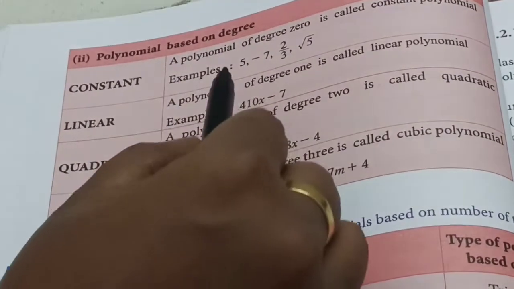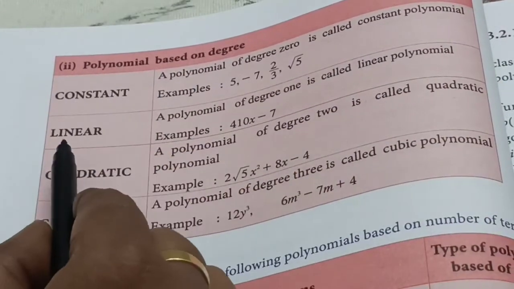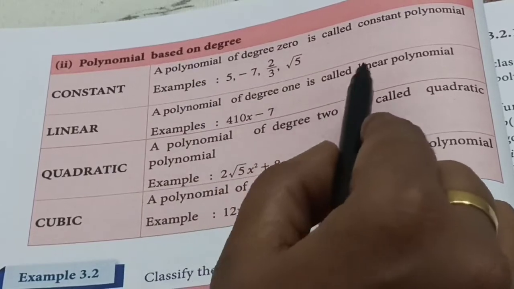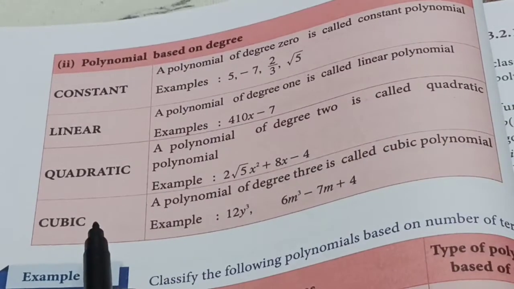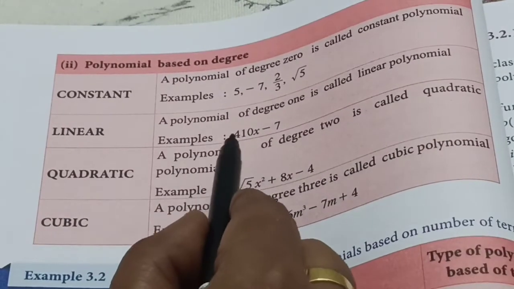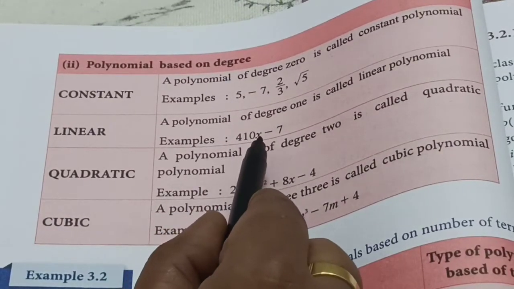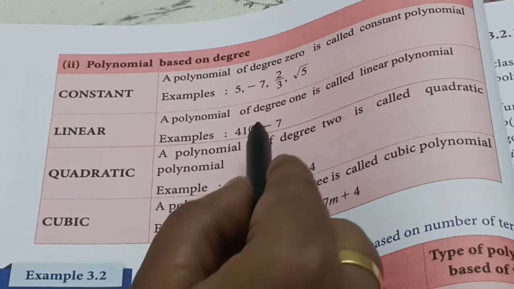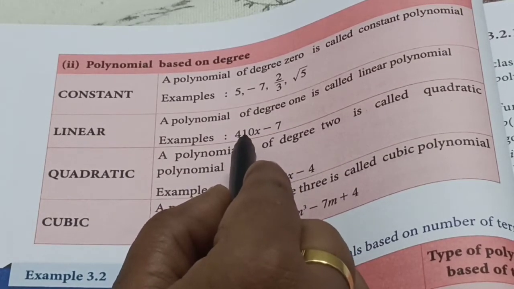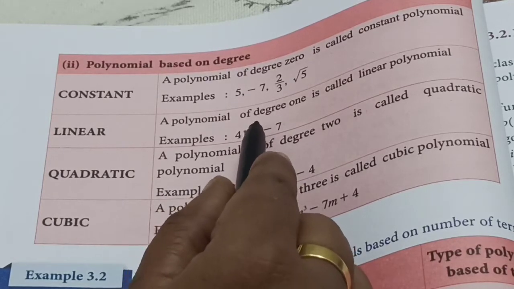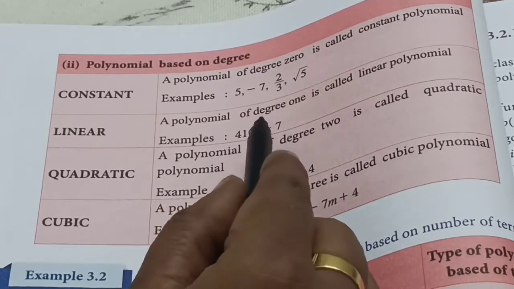Okay, then constant values you should write the example. Then linear. A polynomial of degree 1 is called the linear polynomial. Degree 1 means, for example, 410x minus 7. Okay, here which is the variable? 410, then x is the variable here. X power 1. Okay, degree is 1.